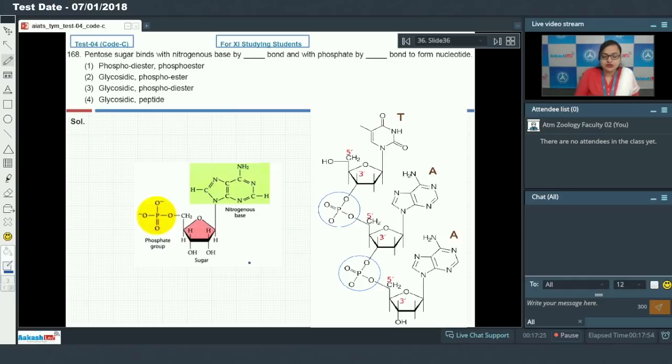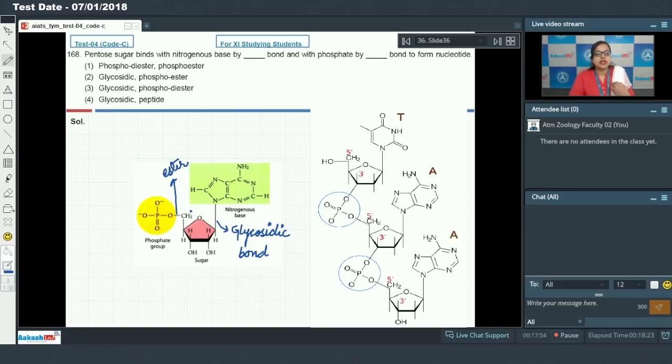So if we see the structure of a nucleotide, sugar molecule is bound with nitrogenous base by glycosidic bond, and the fifth carbon of the sugar is bound with phosphate group by ester bond.